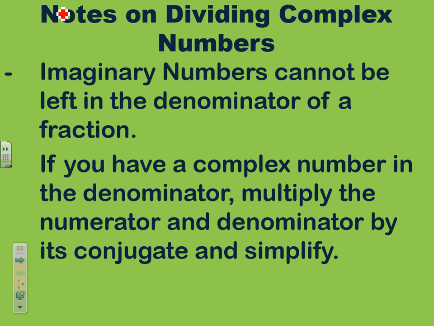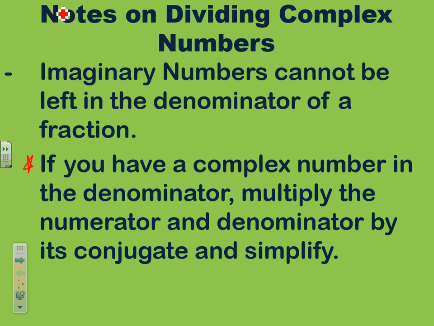Now, the key thing is that an imaginary number cannot be in the denominator of a fraction, kind of like an irrational number cannot be in the denominator of a fraction. So in order to eliminate an imaginary number from the denominator, we're going to look at this step right here.